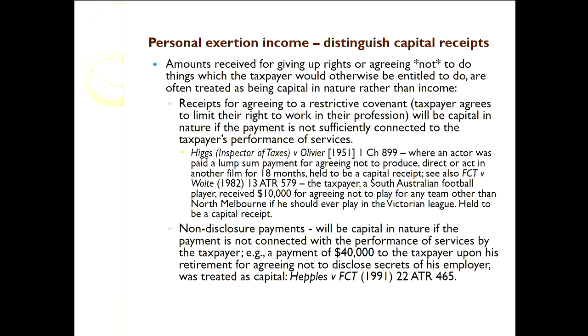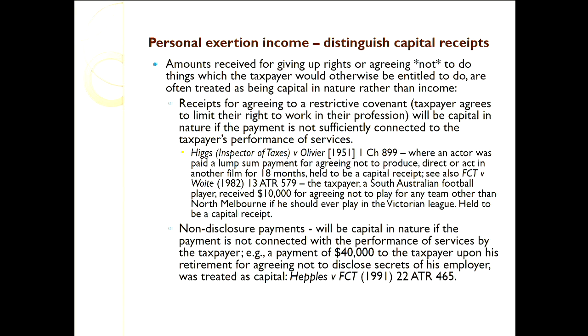However, and this will be a variation in the tutorial question, if a payment is made during the life of the employment contract for agreeing not to disclose secrets of the employer, very likely it'll be a different analysis.